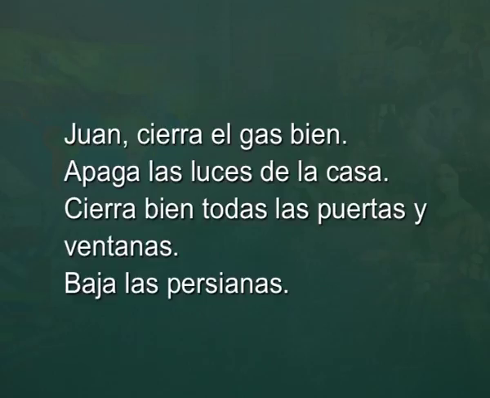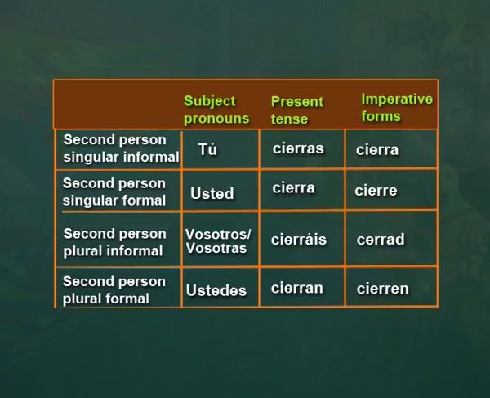Baja las persianas. From these advices, we can see that the verbs apagar, bajar are regular verbs, but cerrar is an irregular verb. Therefore, it is conjugated as cierra, cierre, cerrad, cierren.